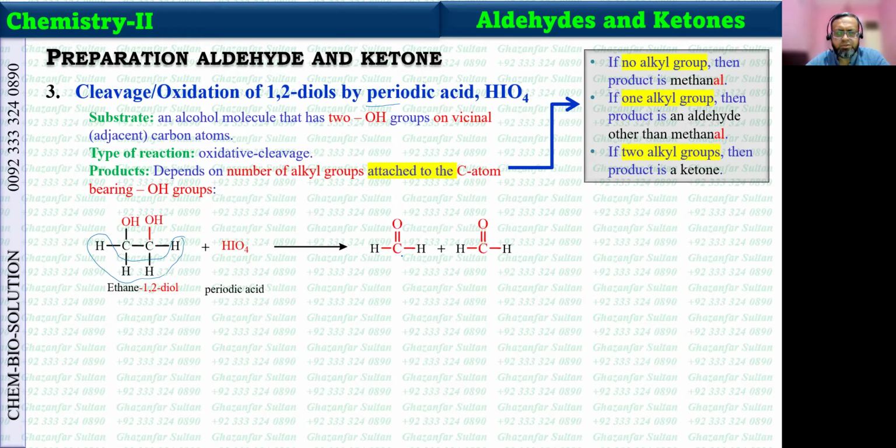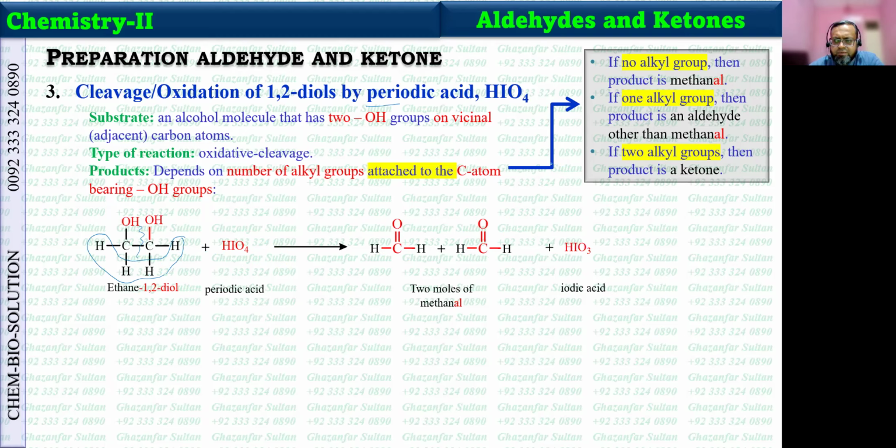It produces 2 moles of methanal. So what happens actually? Molecule is cleaved at this position, and both of them are converted into aldehyde having hydrogen on either side of the carbonyl carbon. So 2 moles of methanal is produced, as we have mentioned in the first point.